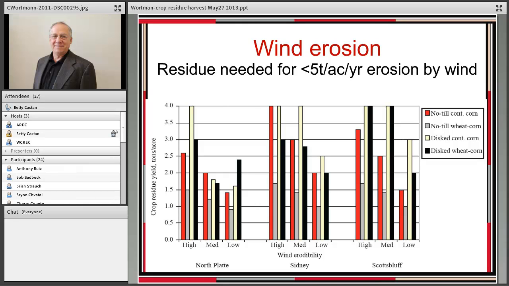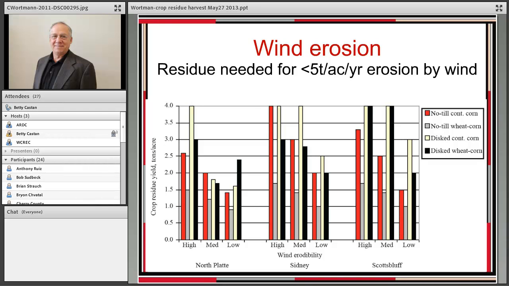Our tillage and cropping system choices: the red bars are no-till with continuous corn. The gray is no-till with wheat-corn rotation. The yellow, or cream colored, is disc continuous corn, and the black is disc wheat-corn rotation.